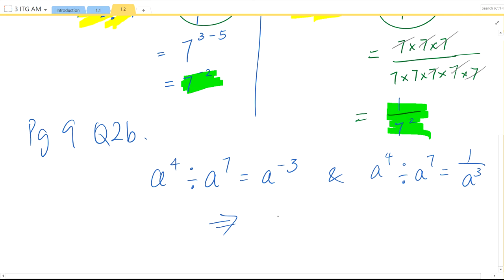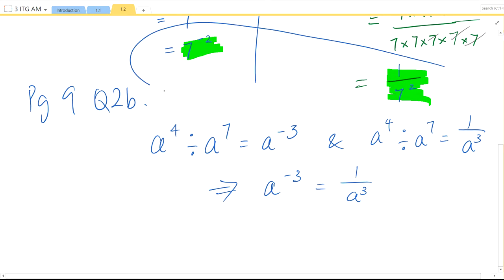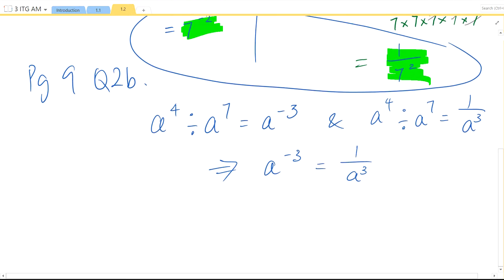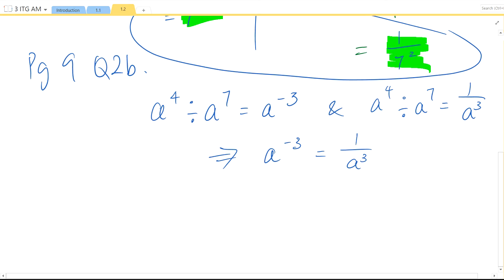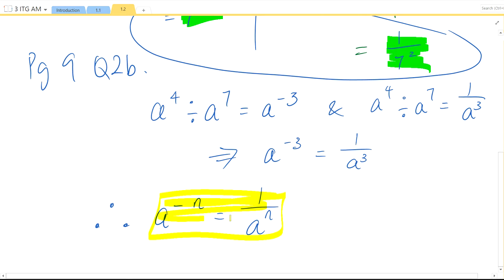So this tells us that a power negative 3 equals 1 over a power 3. Combined with what we saw earlier, 7 power negative 2 is 1 over 7 squared, I think we can conclude that, in summary, a power negative n equals 1 over a power n. This is the next thing that we need to know.